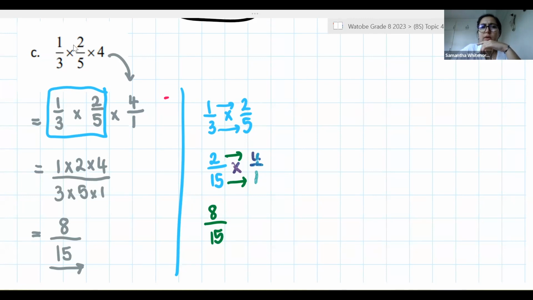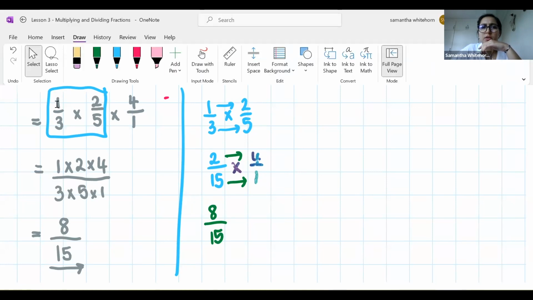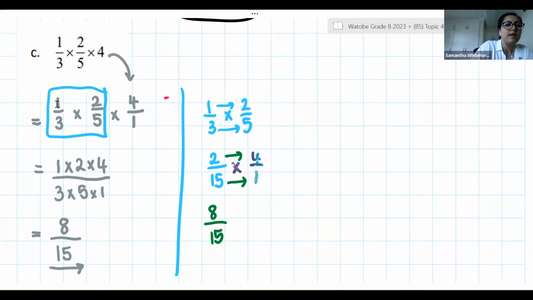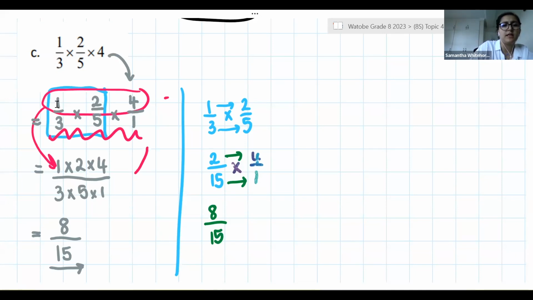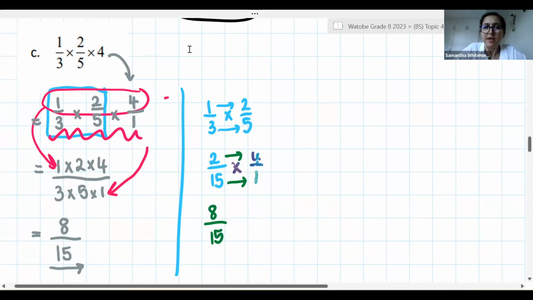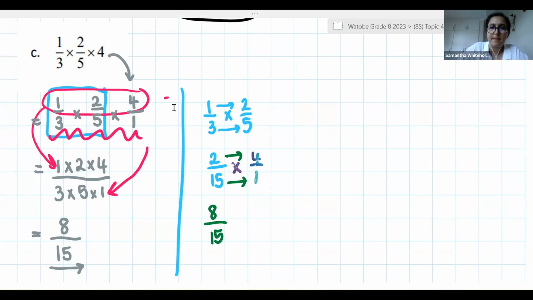Okay, so all we do when we multiply is we multiply all the numbers at the top, so all of my numerators together, which is this step over here, and all of my denominators together, which is that step over there. So I'm just multiplying the numbers that I have there.